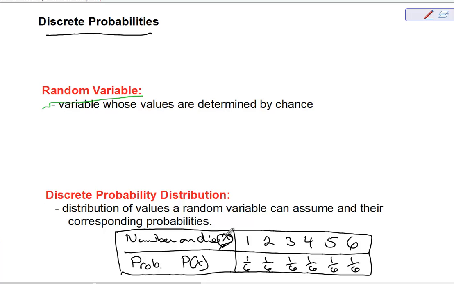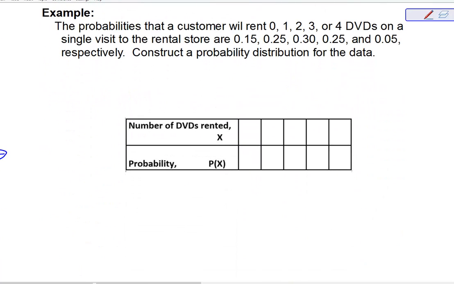Let's look at another example to illustrate this. The probabilities that a customer will rent 0, 1, 2, 3, or 4 DVDs on a single visit to a rental store are 15 hundredths, 25 hundredths, 30 hundredths, 25 hundredths, and 5 hundredths respectively.